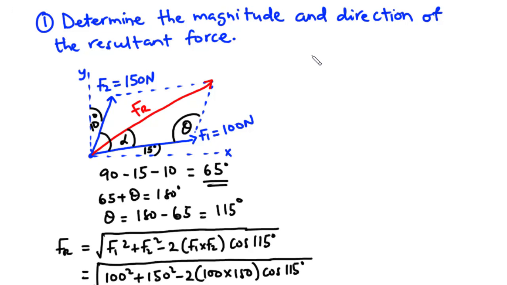So to find the angle alpha, we are going to use the sine rule. So we have sine alpha divided by, now opposite of angle alpha, we have the side that is parallel to F2. So that is sine alpha divided by F2 equals, we have sine theta, and then opposite of theta we have FR.